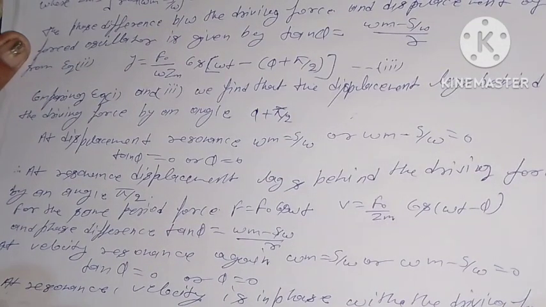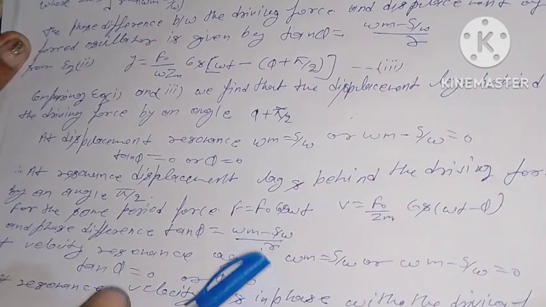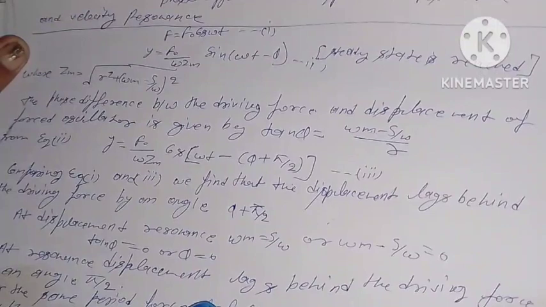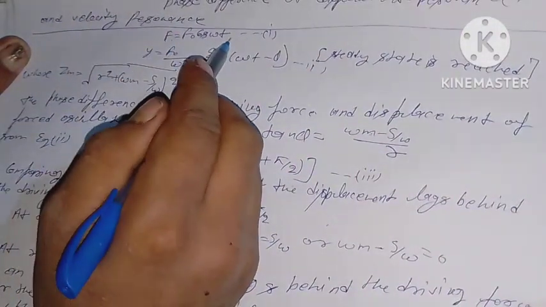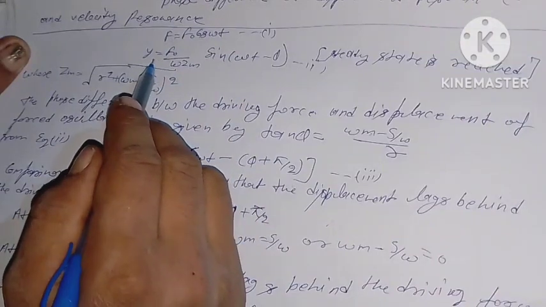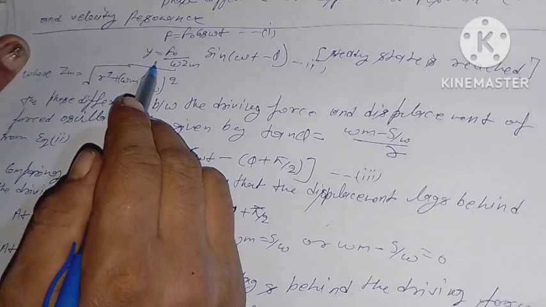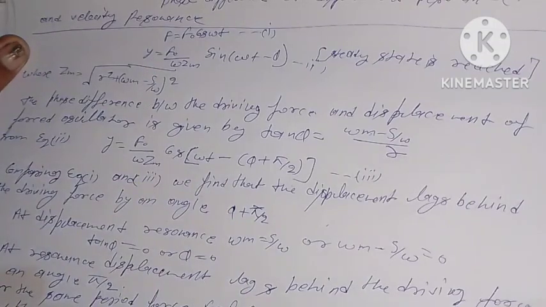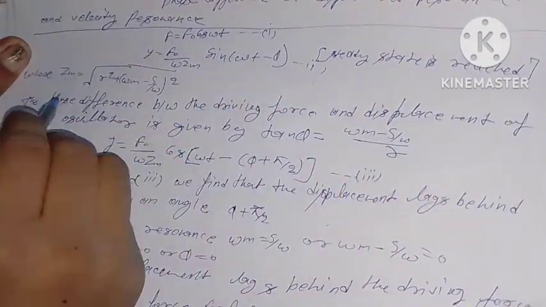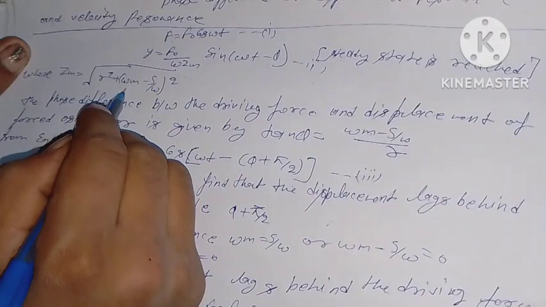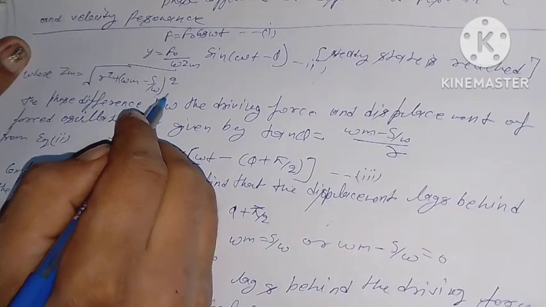Then phase difference at displacement resonance and velocity resonance. If for driving force F equal to F naught cos omega t, at steady state condition we get y equal to F naught upon omega Zm sin omega t minus phi. This is equation number second, where Zm is the under root of r square plus omega m minus s by omega whole square.